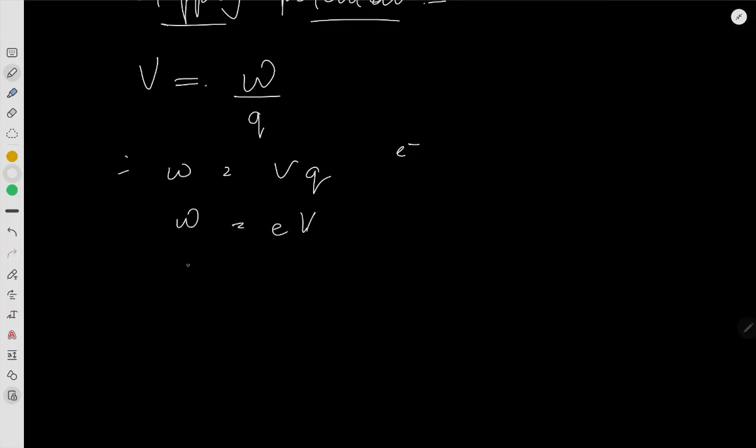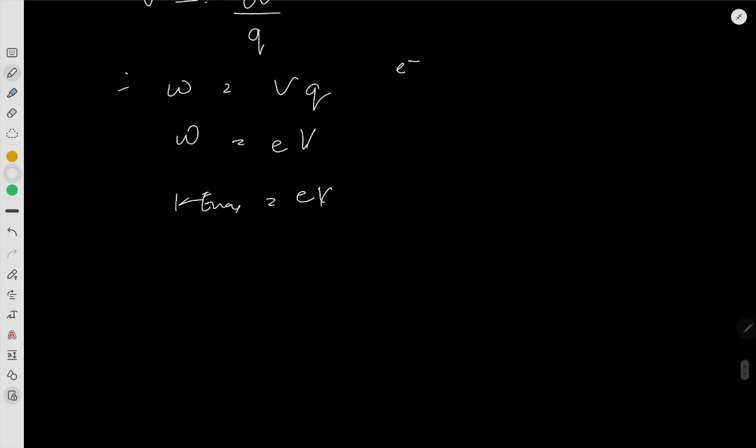So this is the work done, and the maximum kinetic energy is then equal to eV. So we know that if we apply this much kinetic energy, then it would stop. So this is the maximum kinetic energy an electron would reach after applying a potential of V. Yes, this is important.